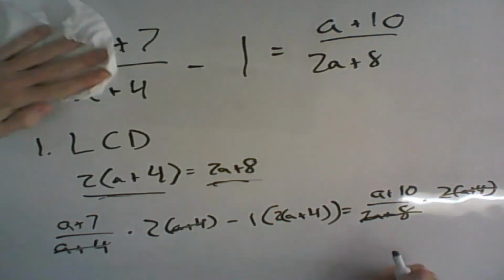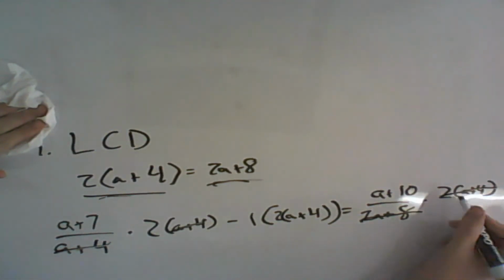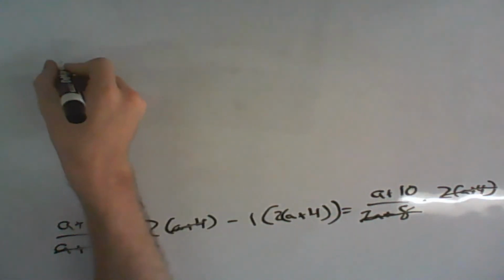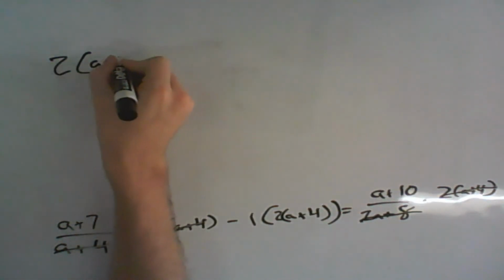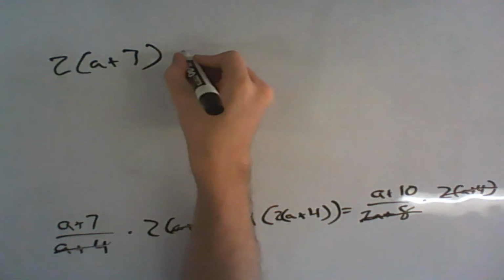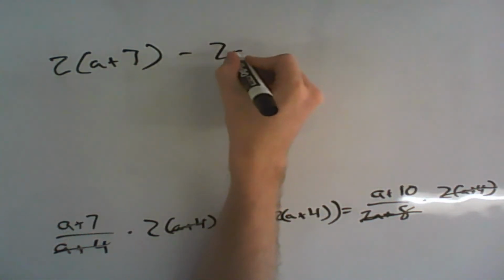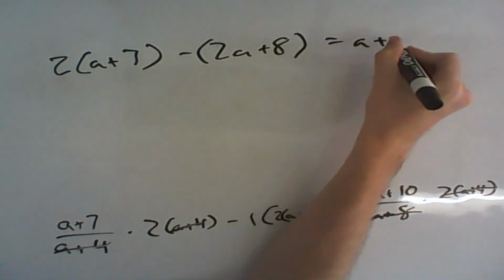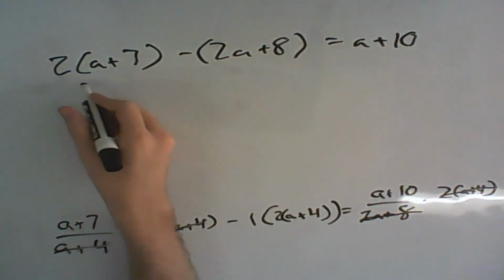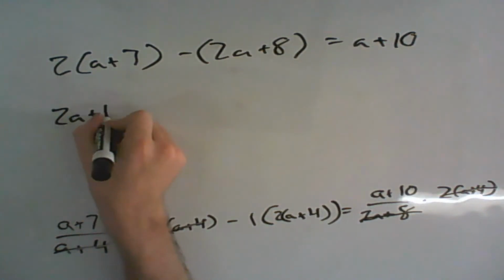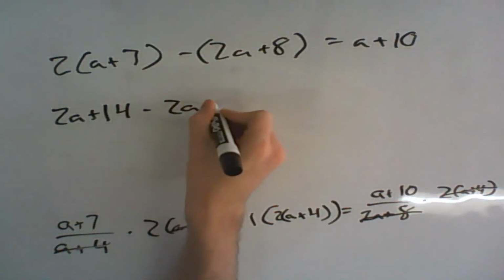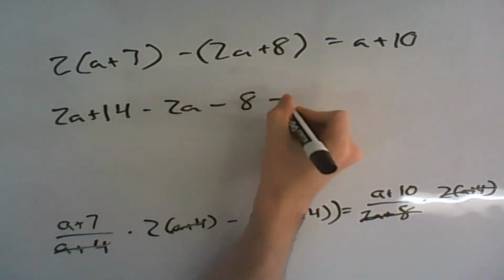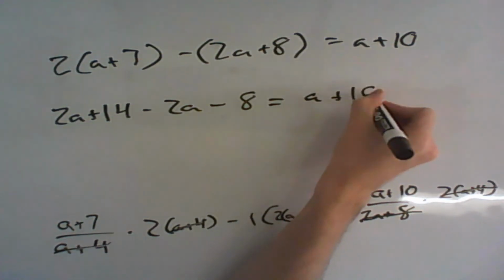And we get 2 times a plus 7, minus 2a plus 8, equals a plus 10. Okay, this gives 2a plus 14 minus 2a minus 8 equals a plus 10.